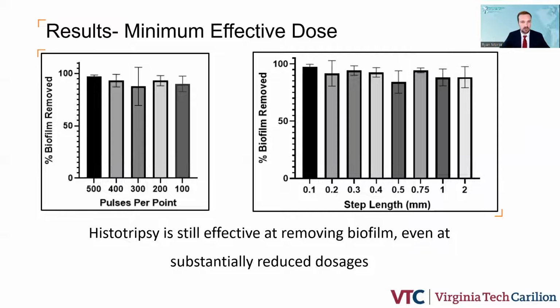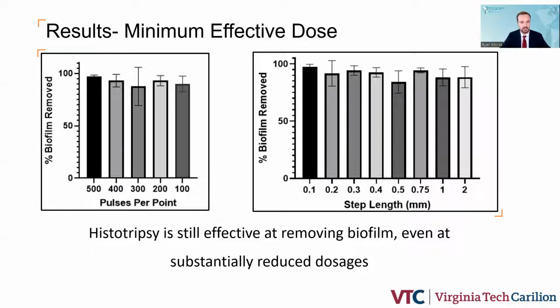So the results of our initial studies on minimum effective dose can be seen on this graph here. On the left side, we began by looking at pulses per point. So we started off using the methods developed in Childers et al., starting with 500 pulses per point using this point-based application system. We steadily decreased this down to 100 pulses per point with no loss in biofilm removal efficacy.